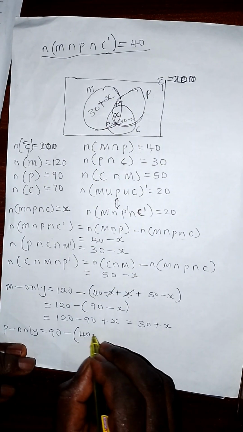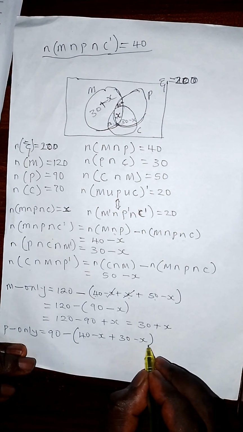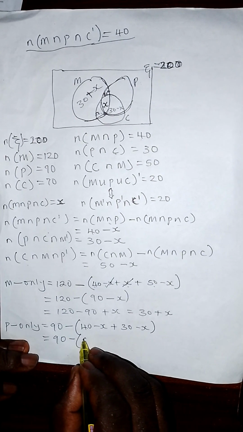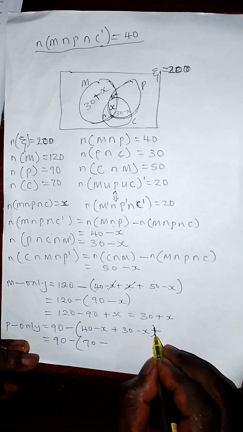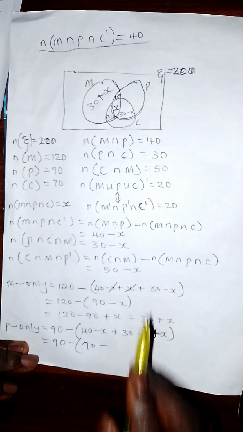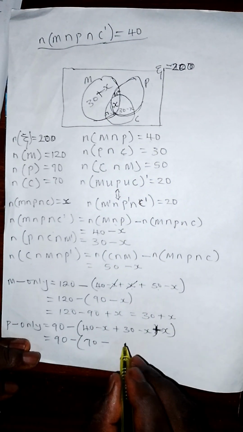That is 40 minus X, X, 30 minus X. Oh, sorry, I omitted one X. So here, X plus minus X will cancel.